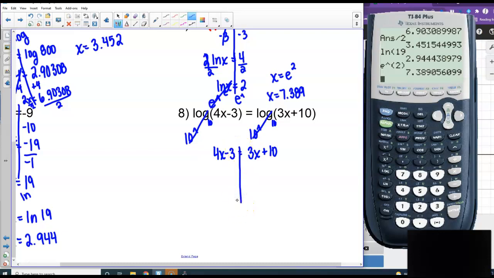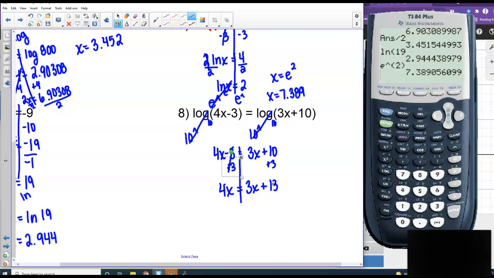So let's see. Zach, what would you do first to solve this equation? I'd add 3 to both sides. Okay, we can do that. So we got 4x equals 3x plus 13. What would you do after that? I would divide the 3 by that.